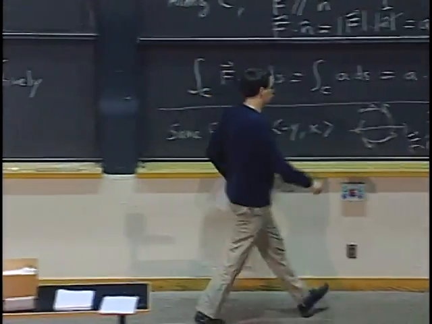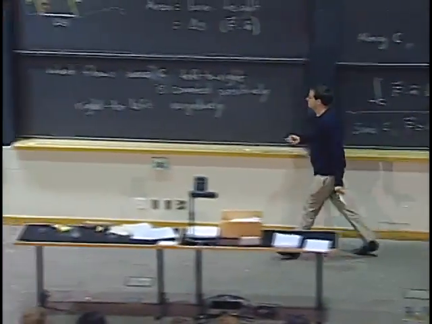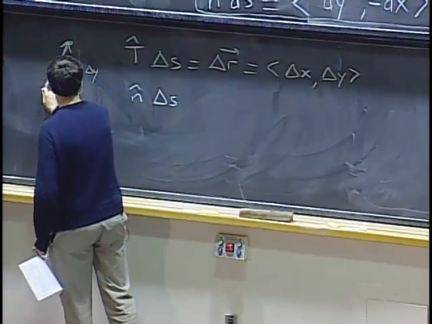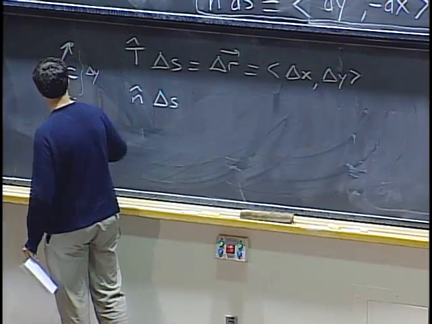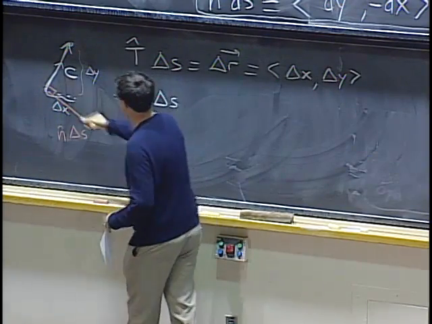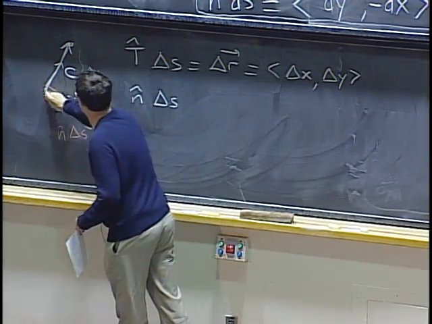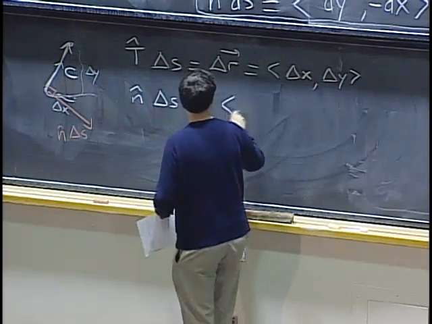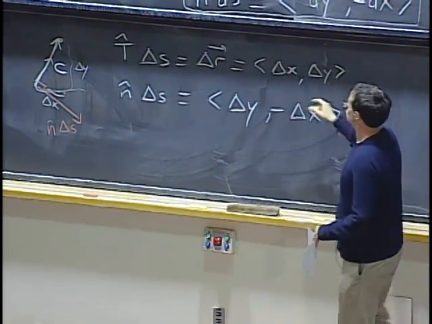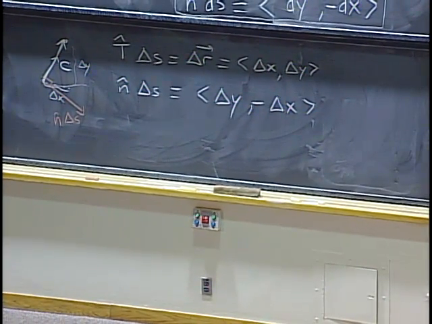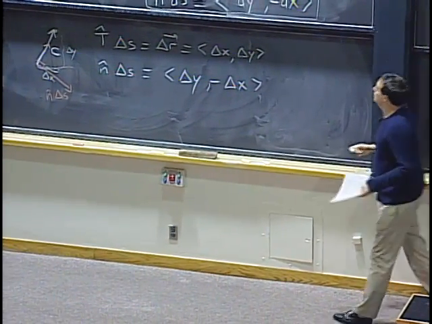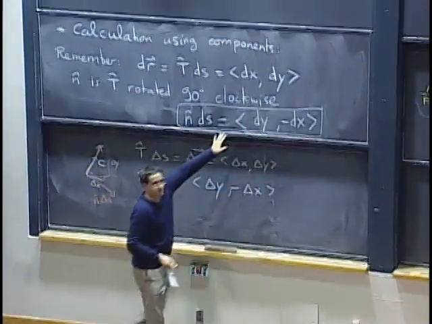So I lost my red chalk. Here it is. If I rotate this by 90 degrees clockwise, then the x component will become the same as the old y component, and the y component will be minus delta x. Then you take the limit when the segment becomes shorter and shorter, and that's how you can justify this. Okay? So that's the key to computing things in practice.